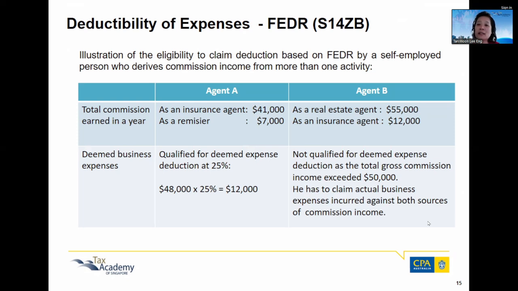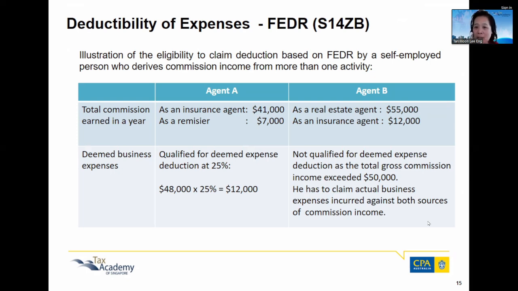Okay, now we look at agent B. Agent B is an insurance agent as well as a real estate agent. 55,000 commission as a real estate agent, 12,000 commission as an insurance agent. The total is definitely more than 50K.